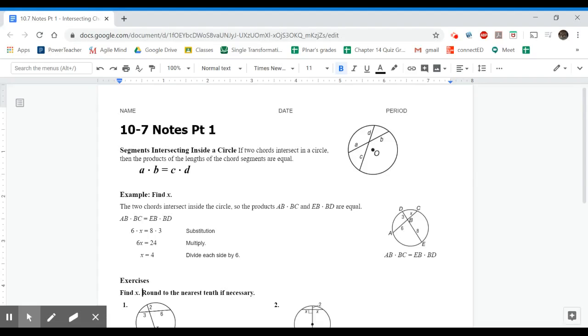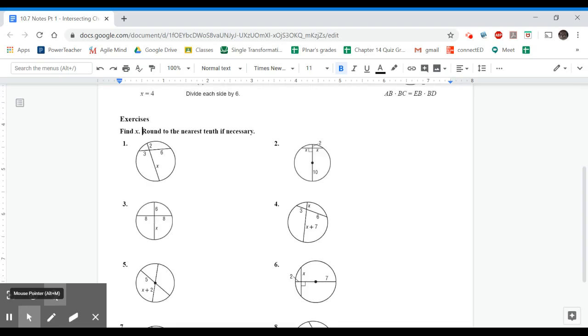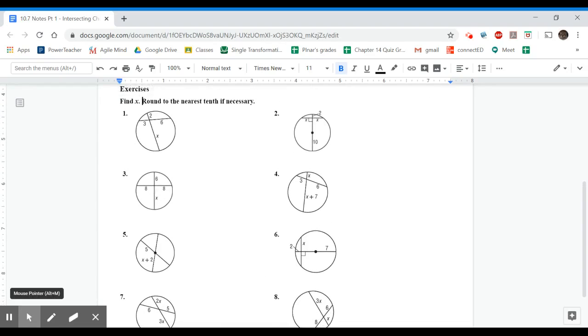All right, so here we are on the notes, and notice that once again, the equation when two chords intersect, if we're looking for the pieces of the chords, is A times B equals C times D. All right, let's start with number one.